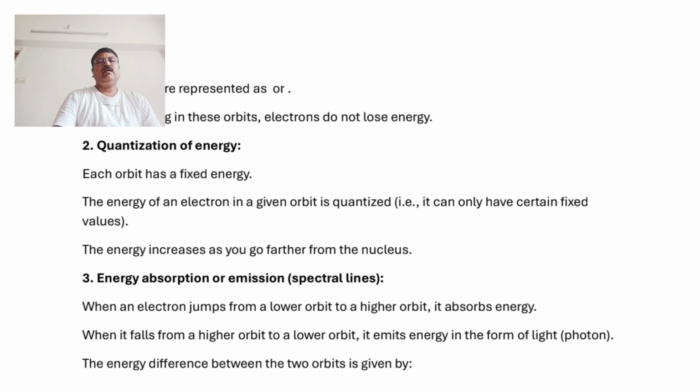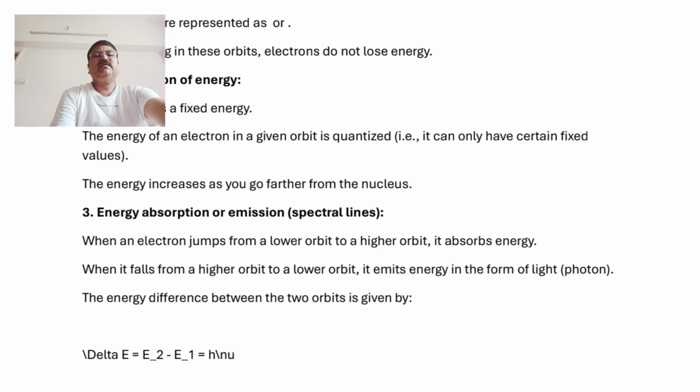So the closest energy level orbit, that is n is equal to 1, is having lower energy as compared to the energy level orbits present outside that particular orbit, and as the distance from the nucleus increases, the energy of that electron also goes on increasing. So this is called as quantization of energy.